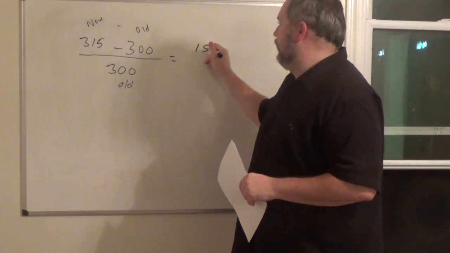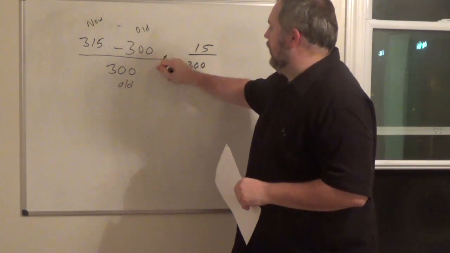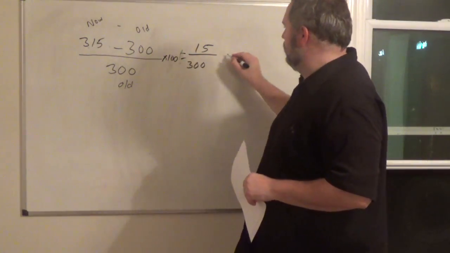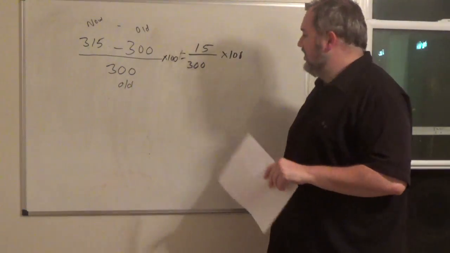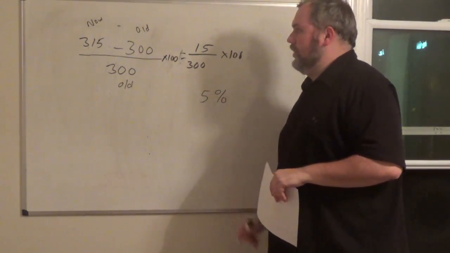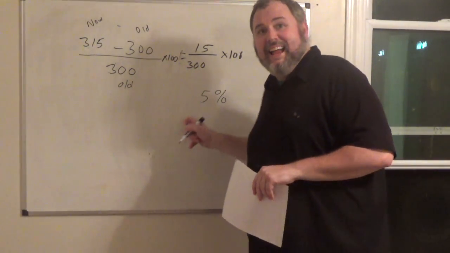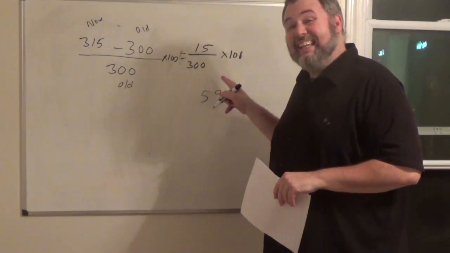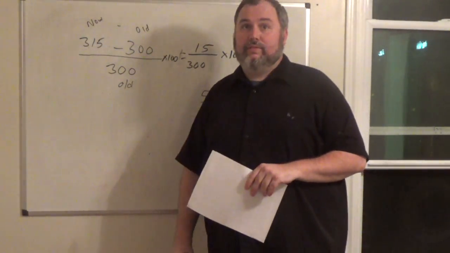That gives me 15 over 300, and this was supposed to be multiplied by 100. Work all this out, and you get approximately 5%. I was 300 pounds, but this is a positive number, so I gained 5%. Therefore, my new weight is 315.